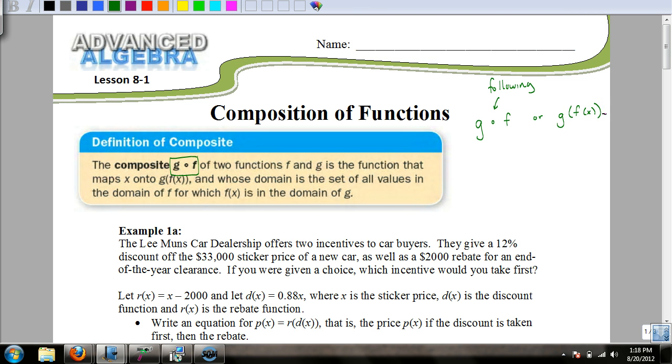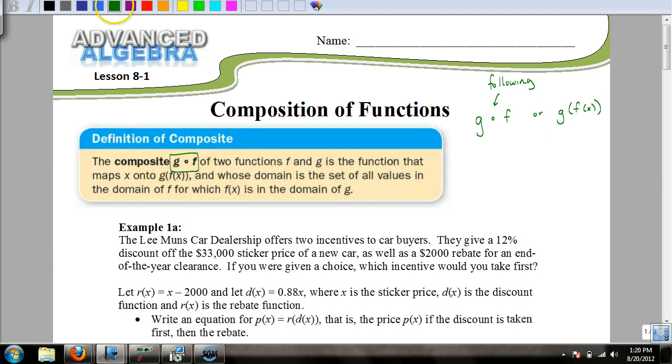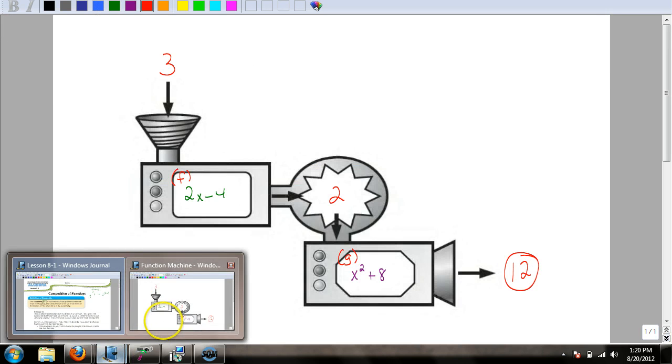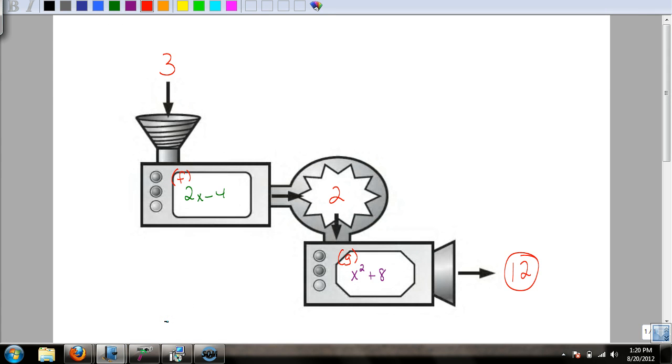Another way to write it, and this is the way you'll see it more commonly, is g of f of x. So now let's compare this with the function machine that we were looking at earlier. With this function machine, we put 3 into function f first and put that answer inside of g second. So function g followed function f.